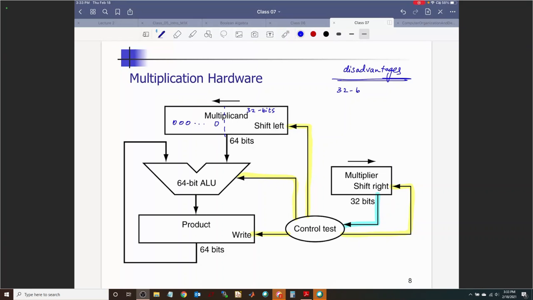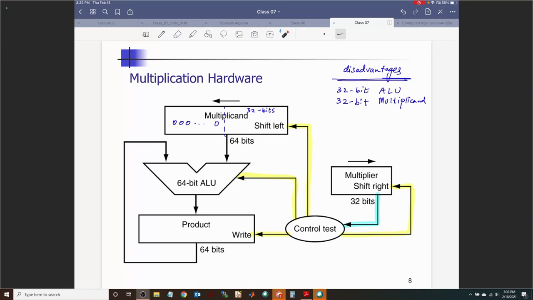A 32-bit multiplicand would have been okay. A 32-bit ALU would have been okay, right? Because if I'm adding numbers only 32 bits at a time, I should have been fine. But I have a 64-bit ALU, so I would have wanted a 32-bit ALU and a 32-bit multiplicand. Those are definitely two things I would have wanted.